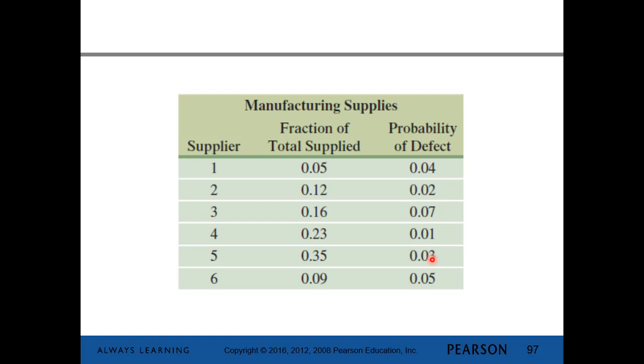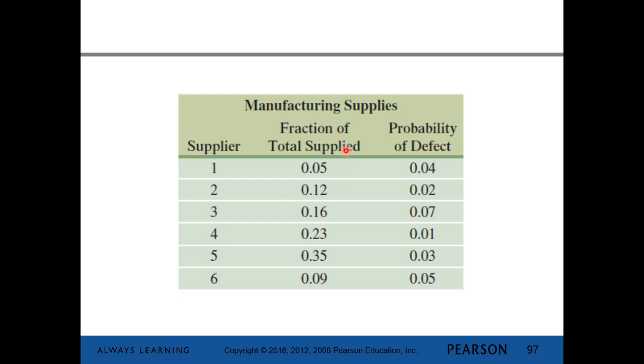Okay, so now here's another one. In this case, I have the supplier, the fraction of total supplied, and the probability of defect. So here's my supplier, and each supplier's fraction is the part of the total it makes up. This is the probability of being defective for each one of these.